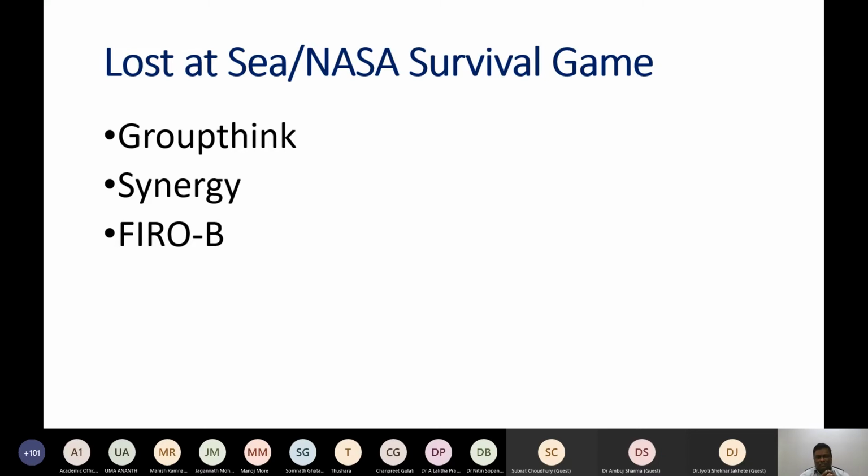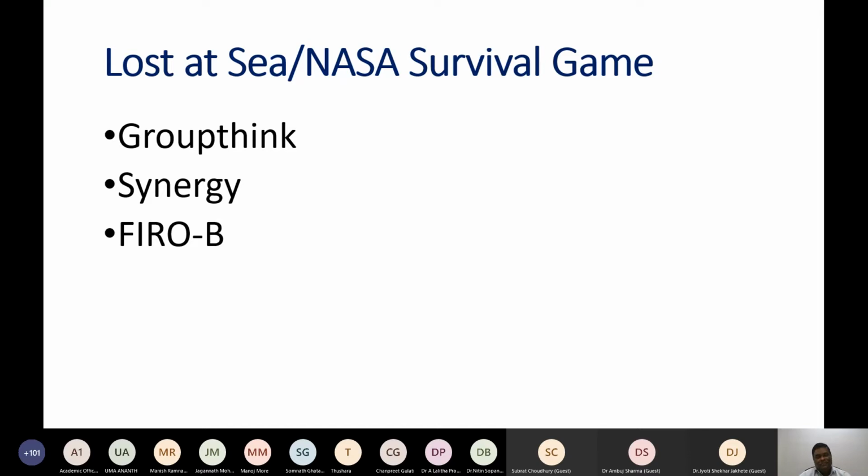So a single game will help me to teach, or rather to make my students experience all this phenomenon. Just imagine the power of using a game to teach these concepts. One, I can simply show them a slide. Groupthink, this is what groupthink is all about. Synergy, this is what synergy is all about. This is one way. Students may listen to me and they would have understood, and then they may move on.